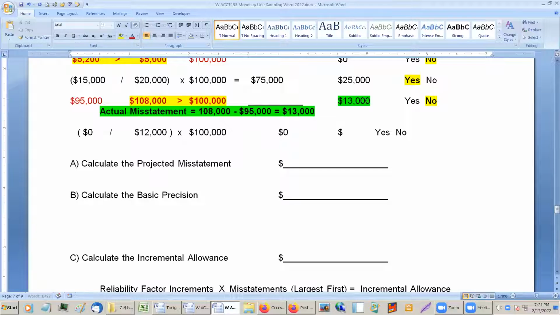Projected misstatement is the whole thing, was it 100,000? Is it an incremental allowance? Yes, it's an incremental allowance because the whole thing could have other errors in it.